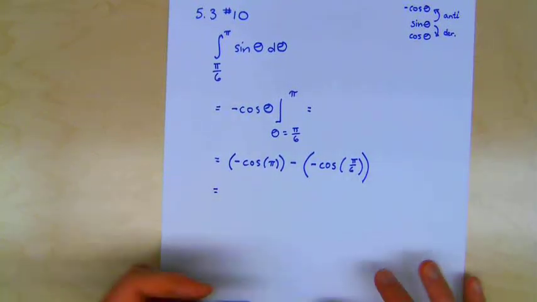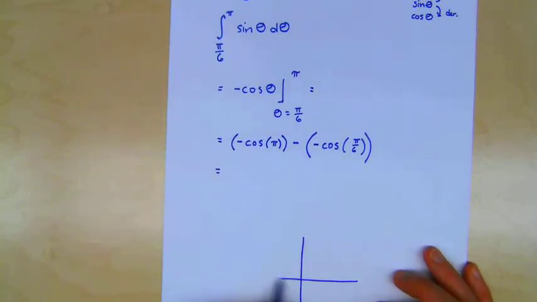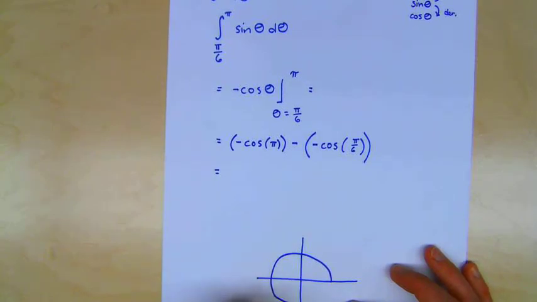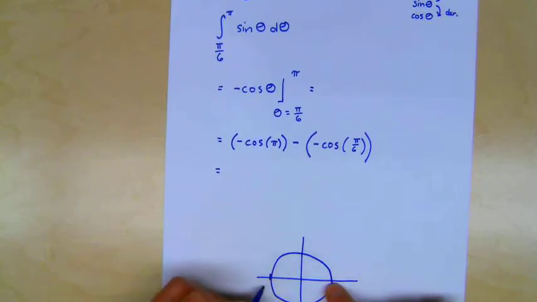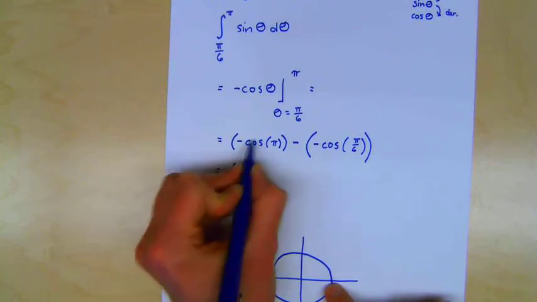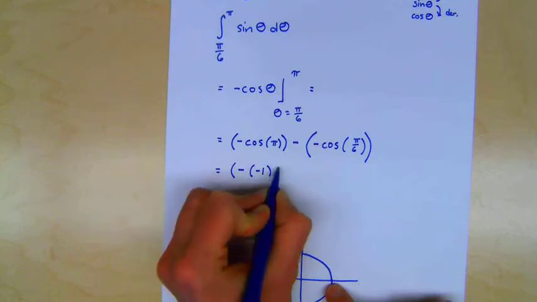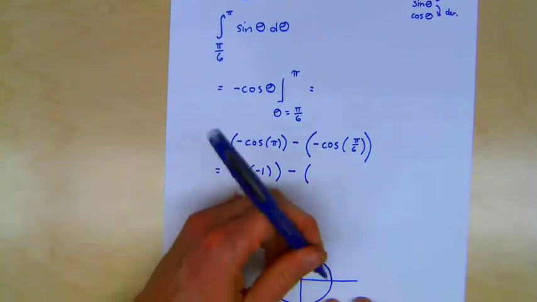And this is where I might have to go back to the unit circle to recall what these values are. I'm going to try to be exact in the values, and maybe this is the problem, that entering decimal approximations gave answers that didn't work out. I know that the cosine of pi is going to be down here at negative 1. So I get the negative of negative 1, minus the cosine of pi over 6.